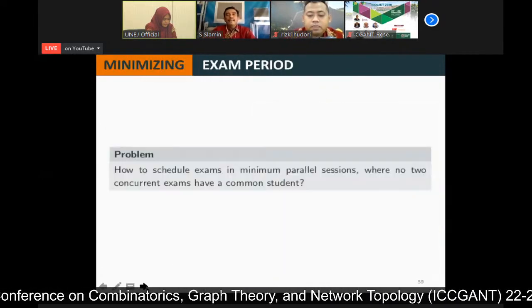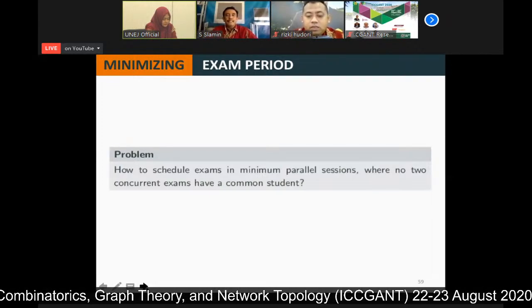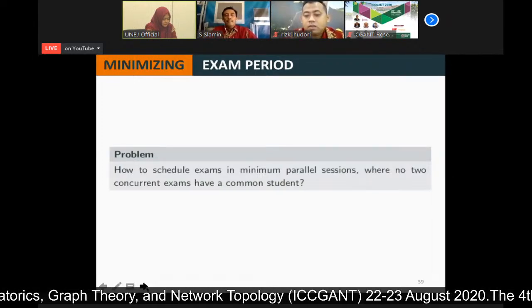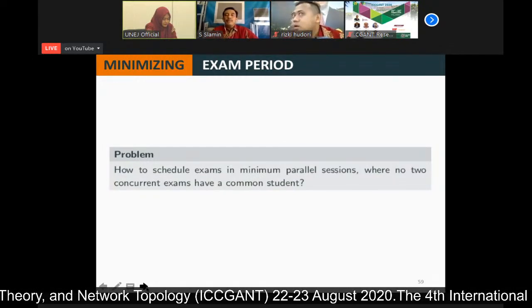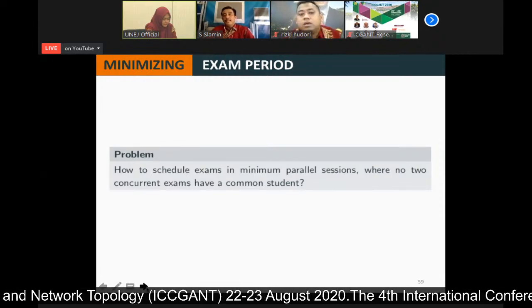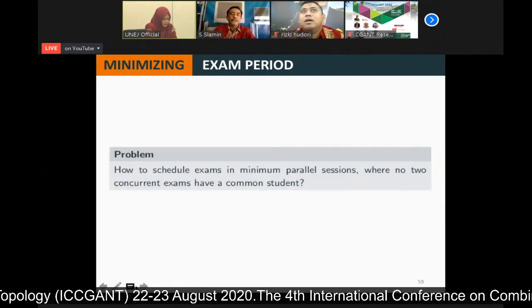Okay, the third application is when we want to minimize the exam period. How to schedule exams in the minimum number of parallel sessions where no two concurrent exams have a common student.